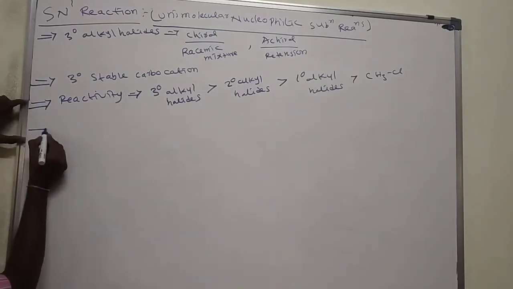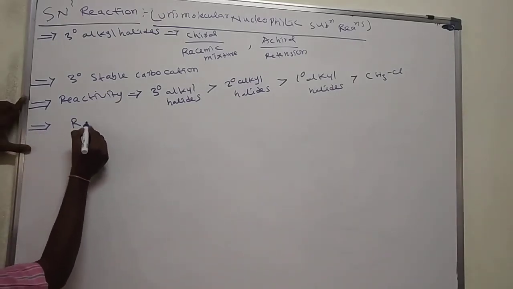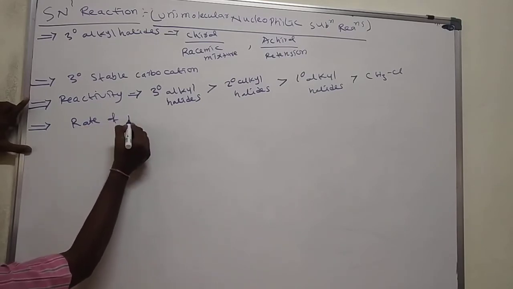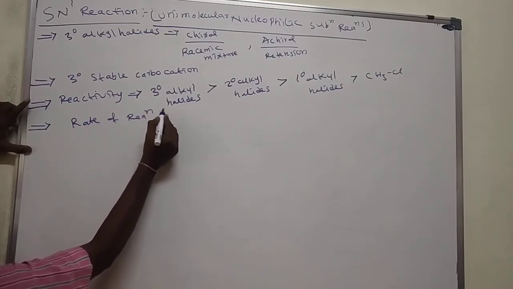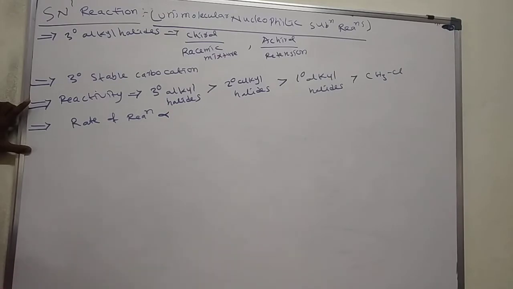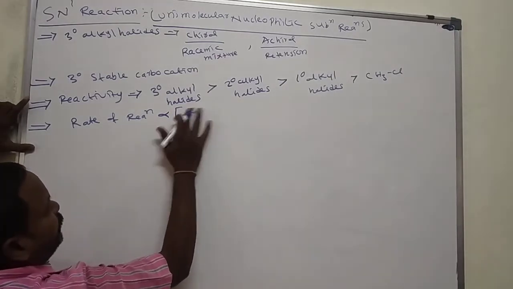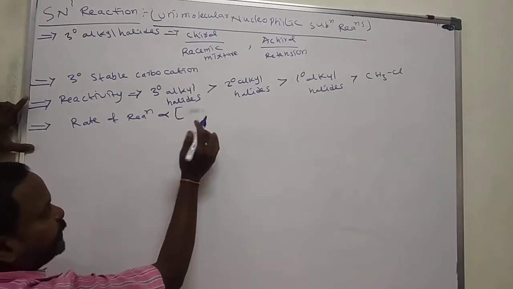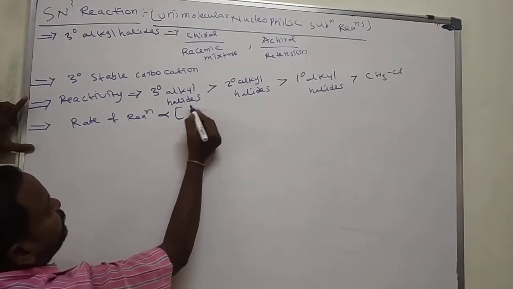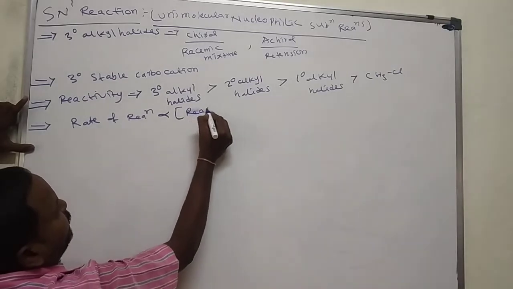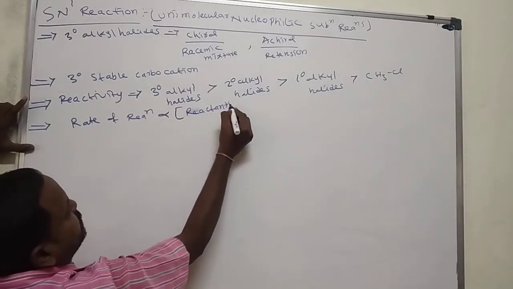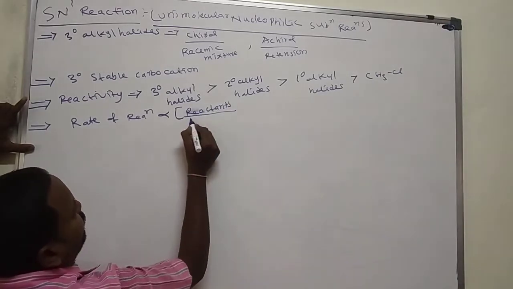Here I will explain the rate of the reaction. It is directly proportional to the concentration. Concentration is also indicated with square brackets. Concentration of the reactants, which is nothing but the alkyl halide.